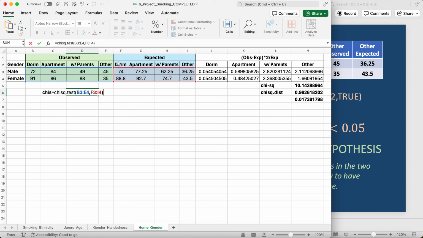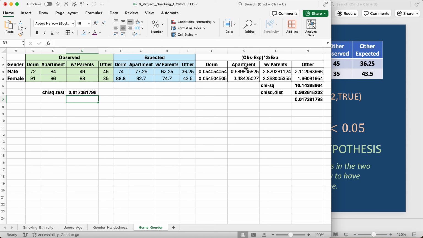So if this set was the apartment data, then it would give you the wrong answer. So you want to organize it so the observed data is all together, the expected data is all together, and they're in the same order. So dorm, apartment, with parents, other; dorm, apartment, with parents, other. And now when we hit enter, the chi-square test gives us the p-value of 0.017.